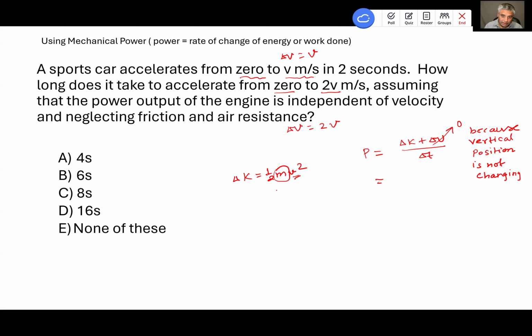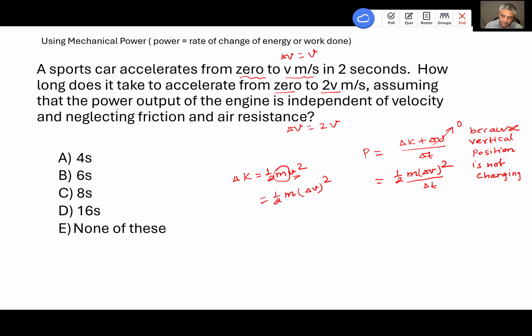Mass is not changing, so it has to just come from change in velocity. So that means it's going to be change in velocity squared. And there is time interval.